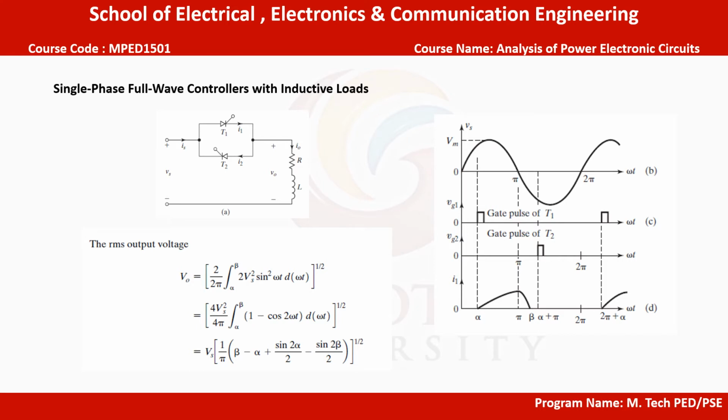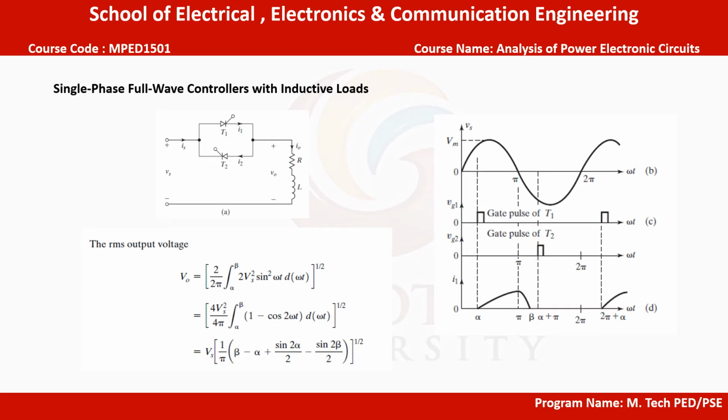Further, in this particular figure, we can see the single phase full wave controller with an inductive load. So instead of the load R, we can see the load is RL in this figure. In practice, most of the loads are inductive to a certain extent.